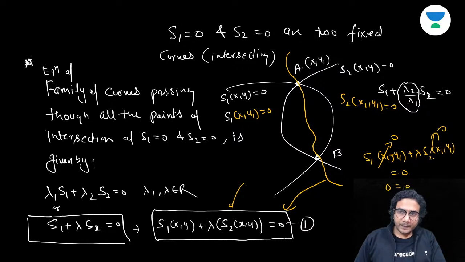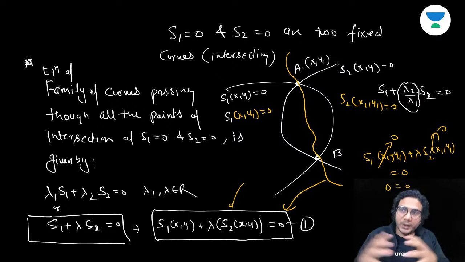So when you add two curves, suppose you have two equations, two parabolas, and they are intersecting. Now listen to this point carefully. Suppose S1 is a general 2-degree curve, and S2 is also a 2-degree curve. You will learn later that a 2-degree curve can represent a circle, a parabola, an ellipse, or a hyperbola.